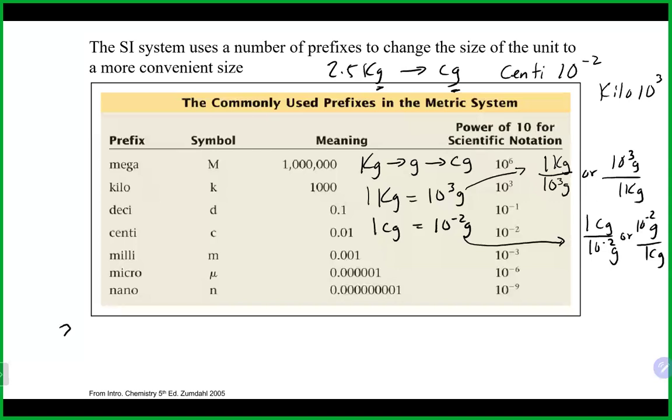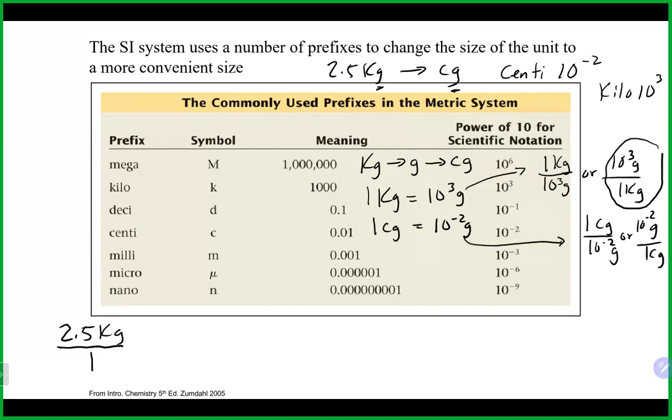Opposites cancel, so we start with 2.5 kilograms. Although it's not written as a fraction, you can think of it like a fraction over 1. That tells us the kilograms are up on top. We want to get rid of kilograms and get to grams, so we need kilograms in the opposite location.